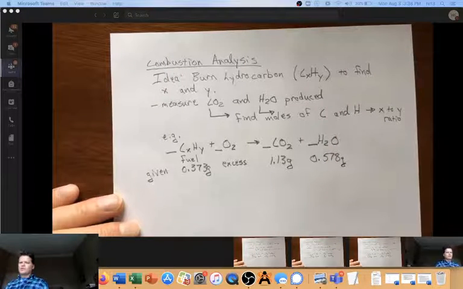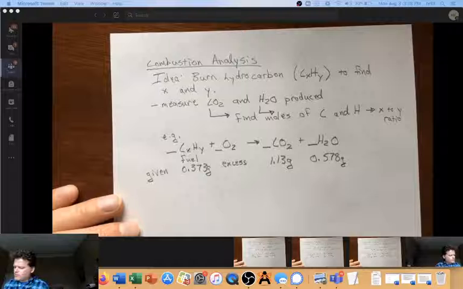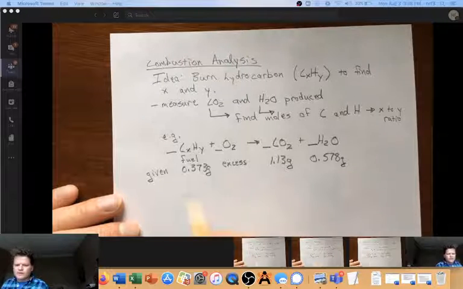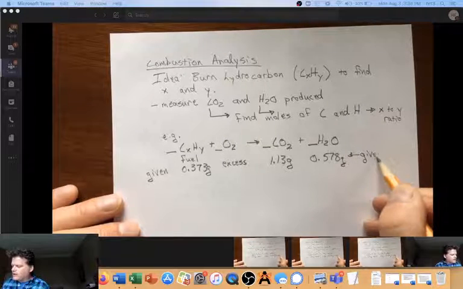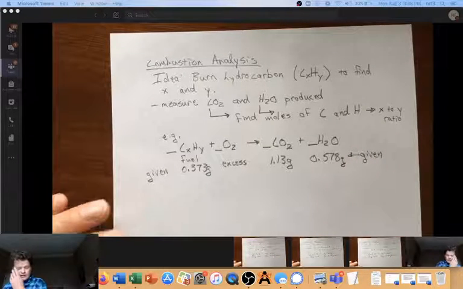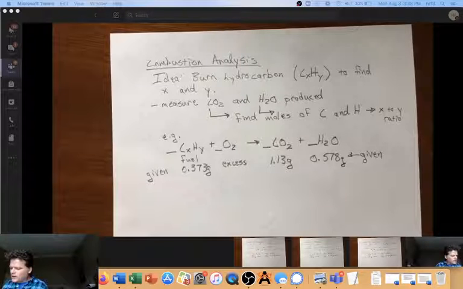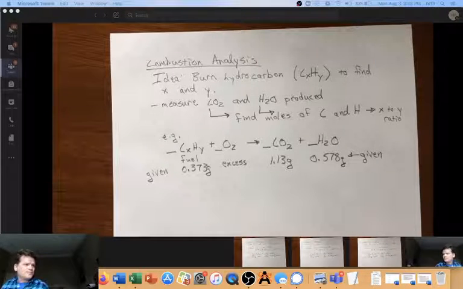Sometimes students ask me, where did you get those numbers from? These are all given. You have to be given these, or you can't solve the problem. These would be measured in the lab. I said this was kind of an old-fashioned technique, but hydrocarbons are very important kinds of molecules. This is in all petroleum products, and this is a pretty easy technique to do.